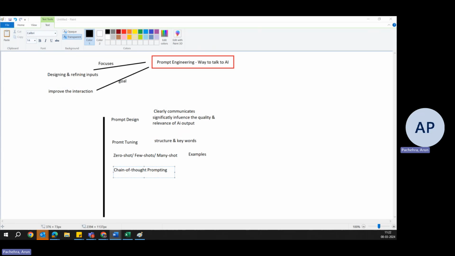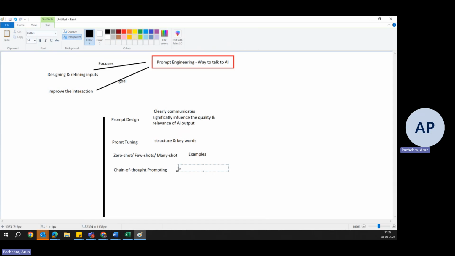Anyways, this approach involves structuring prompts to guide the model through a step by step reasoning process, aiming to improve the model's ability to handle complex reasoning tasks by explicitly asking the model to consider different aspects of a problem before arriving at a conclusion. Chain of thought prompting can lead to more accurate and interpretable answers.